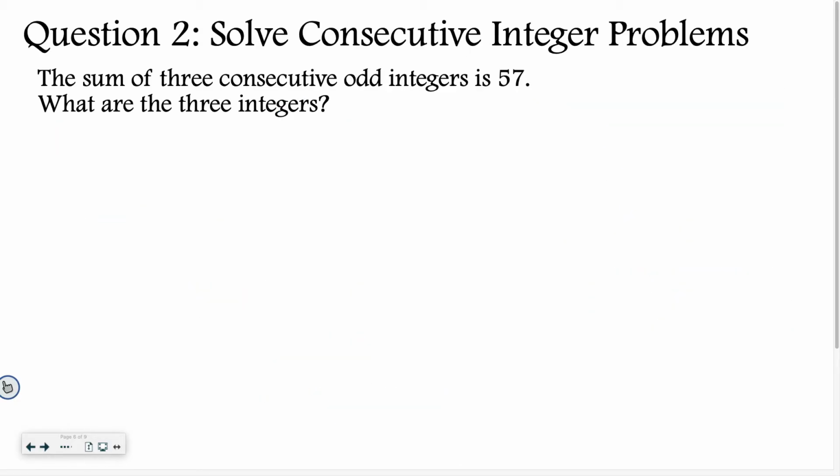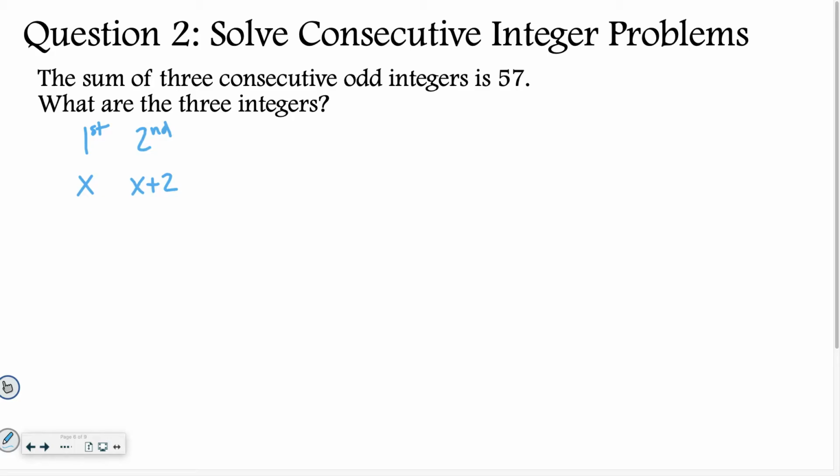All right, this time it is your turn, but let's take a moment to talk about this problem. The sum of 3 consecutive odd integers is 57. What are the 3 integers? So your first term would just be x. Your second term, if I was talking about odd integers, if I was going from like 1 to 3, I have to add 2, right?